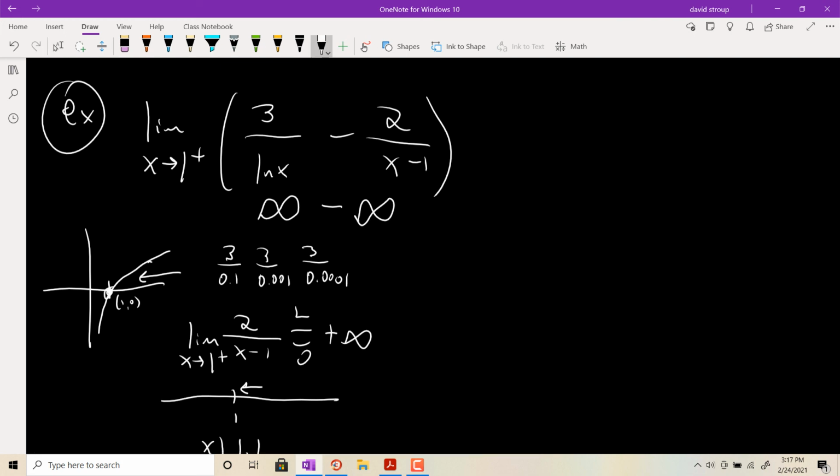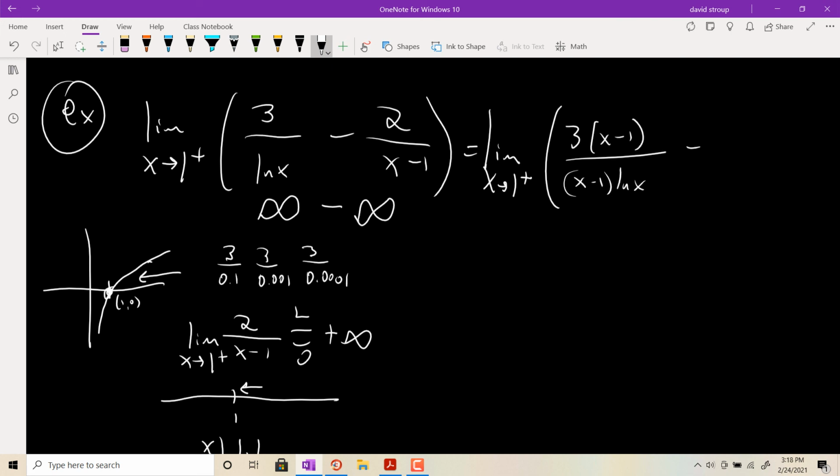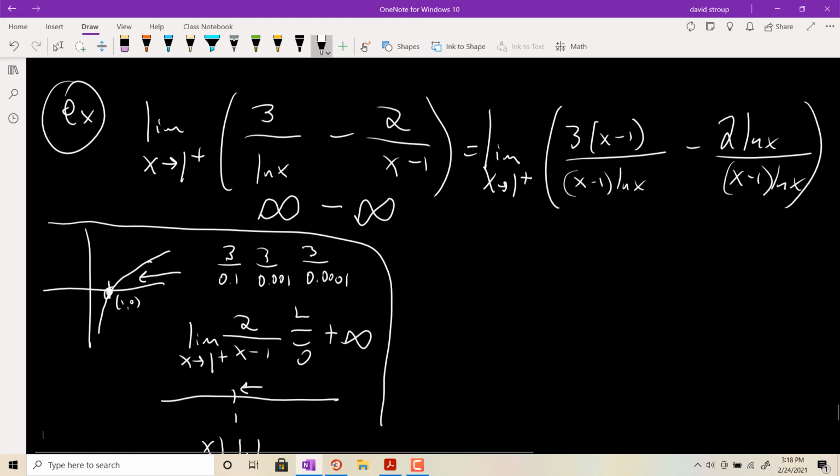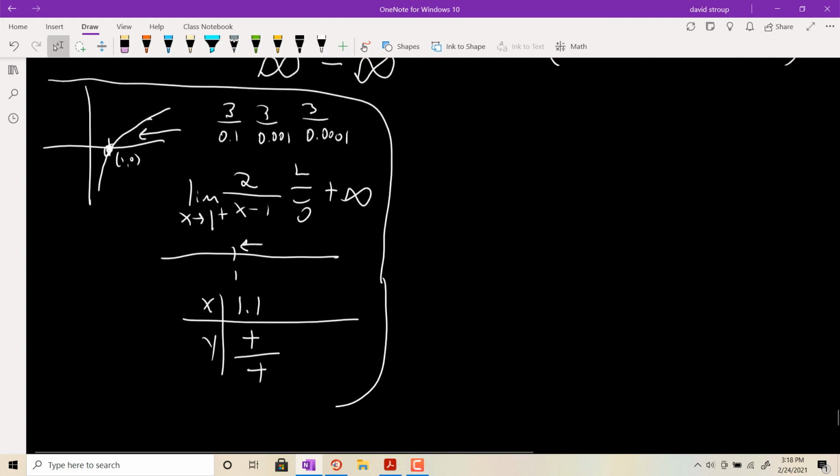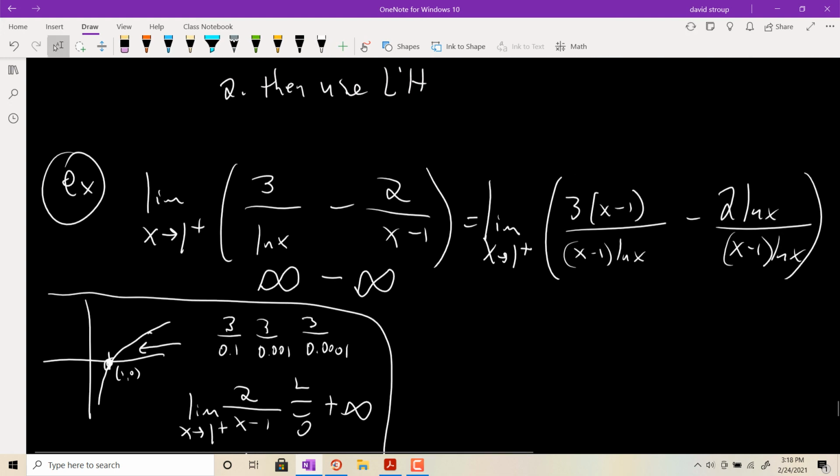So it's one of these forms, so I have to do something, and I'll find a common denominator. So the limit as x goes to 1. This guy needs an x minus 1, and the other guy needs an ln x.